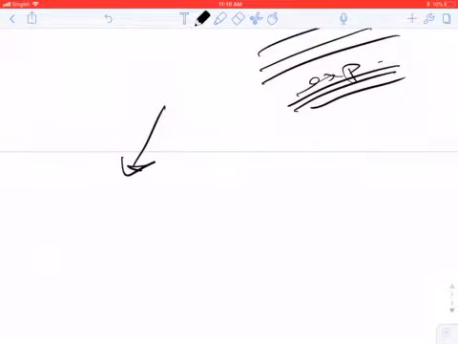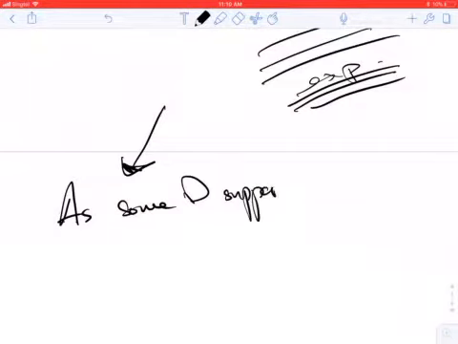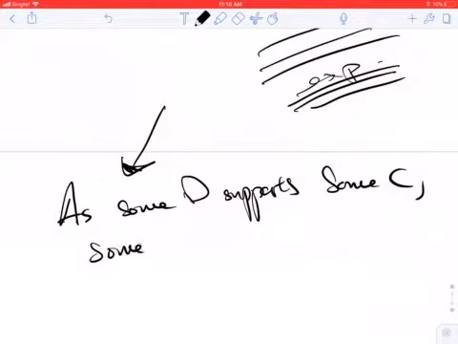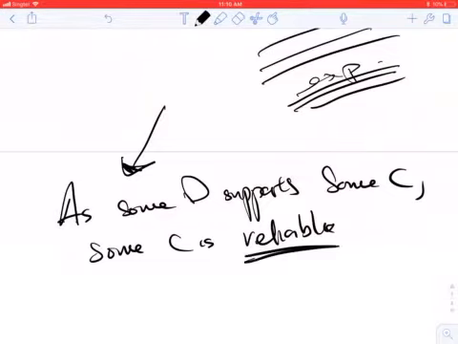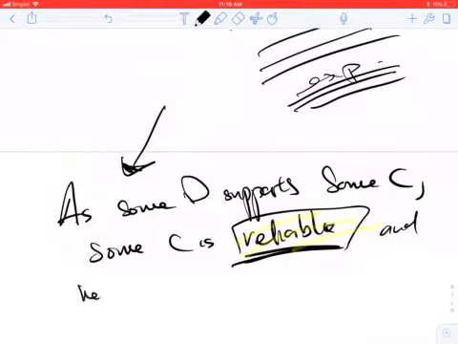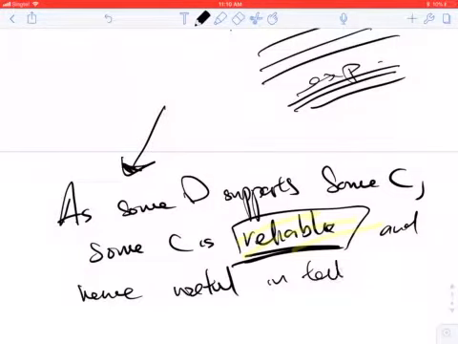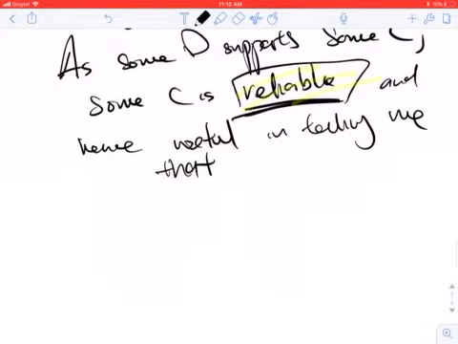After that, the concluding statement is very important. So, as source D supports source C, source C is reliable. Don't forget the word reliable. Source C is reliable and hence useful in telling me that, what is your criteria?